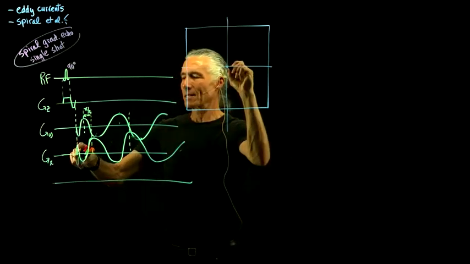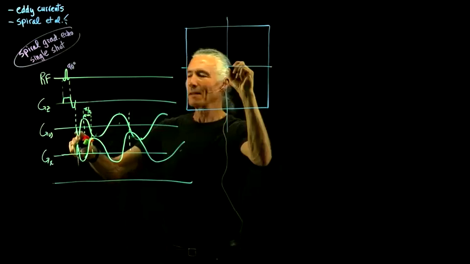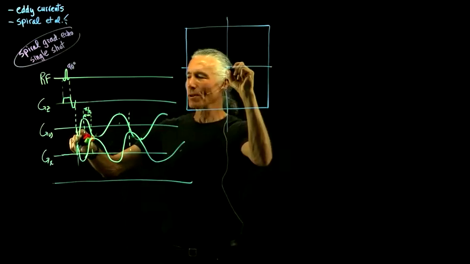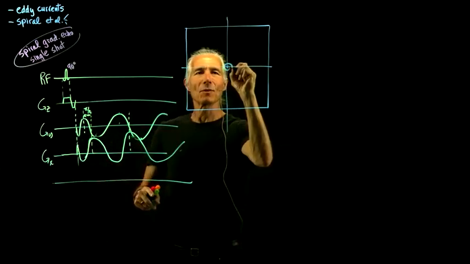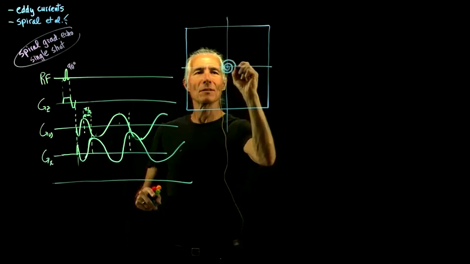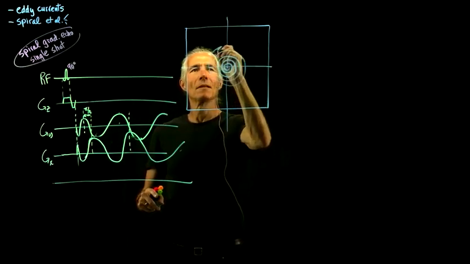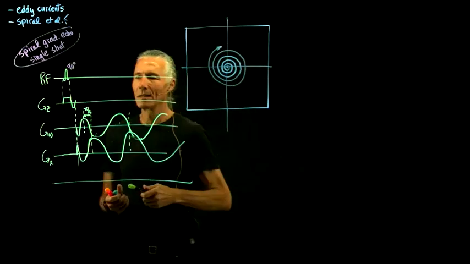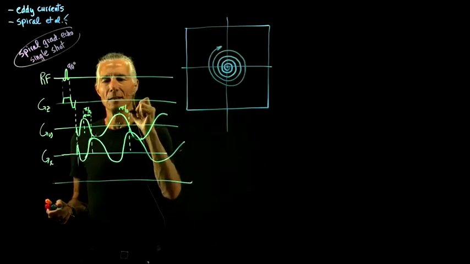On the x gradient we go out toward the right, and then on the y gradient go down, but before long we're starting to go back up again. If you work that out, you'll see that you go around in a circle like that, as long as these two are always a quarter cycle offset.